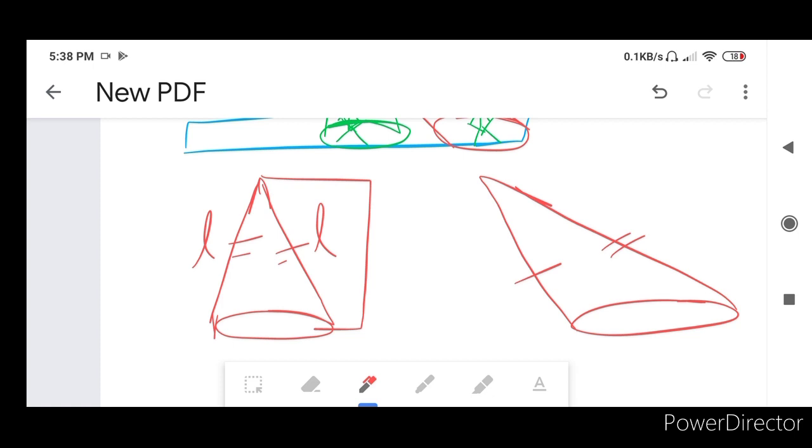Why? Because its length will be different, this length will be different, and this length will be different. Clear? But it will have a certain type of height.